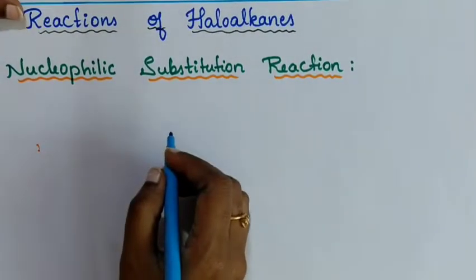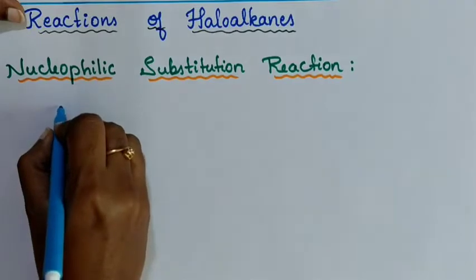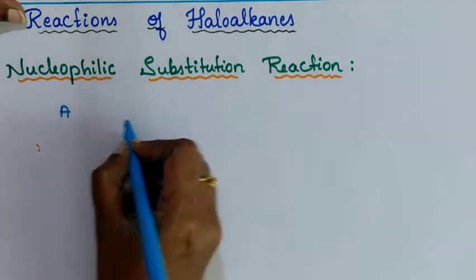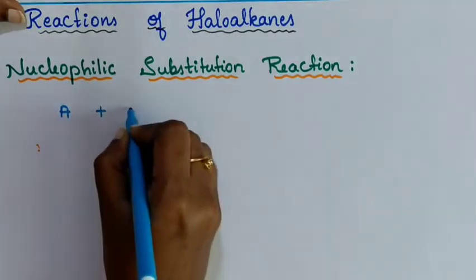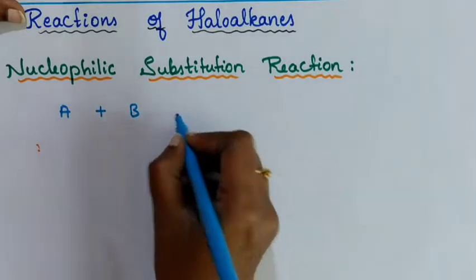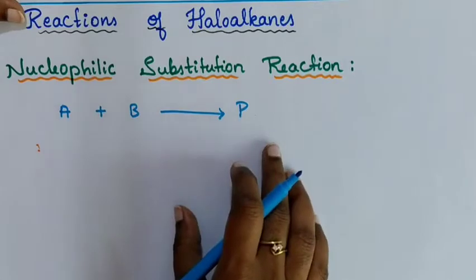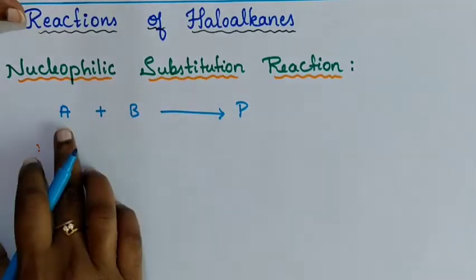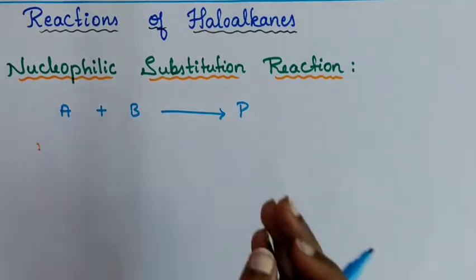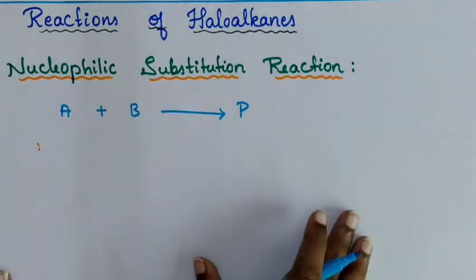Let us consider a general chemical reaction, where reactant A is going to react with reactant B to form product. A and B are two reactants which are going to react together to form product.